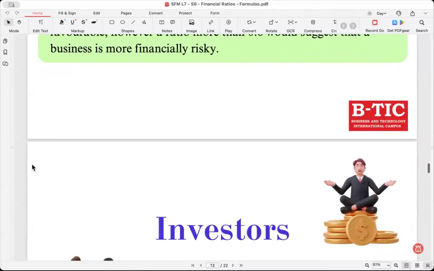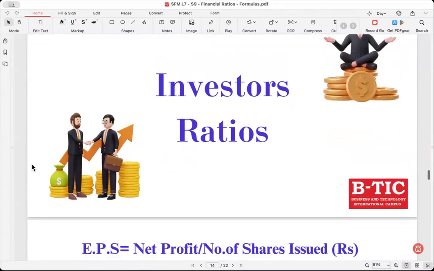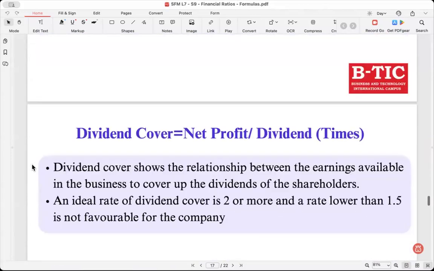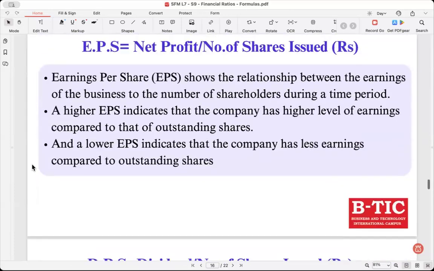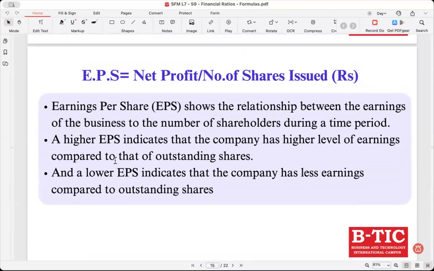Next, we're moving on to investor ratios. Here we're going to learn about EPS, DPS, and dividend cover. What is EPS? Earnings per share: net profit divided by number of shares issued.